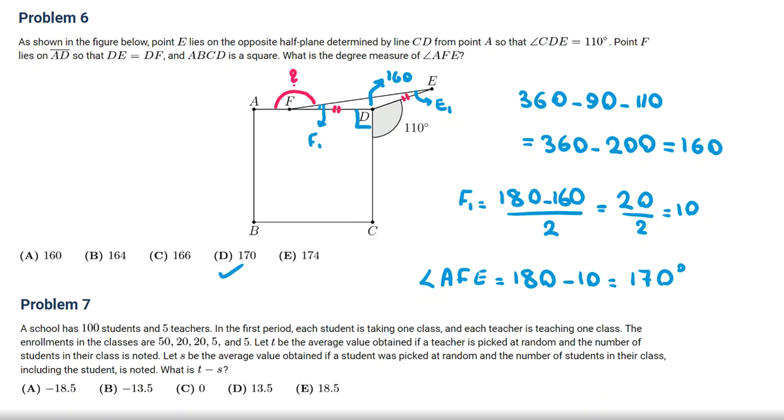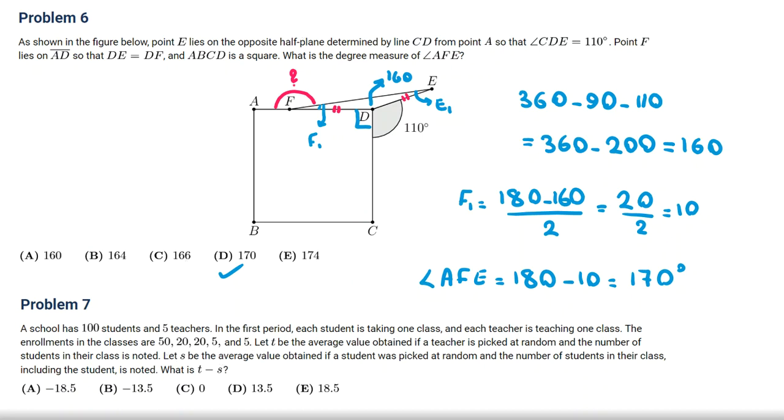Okay, so let's focus on problem number 7. A school has 100 students and 5 teachers. In the first period, each student is taking one class, and each teacher is teaching one class. The enrollments in the classes are 50, 20, 20, 5, 5.